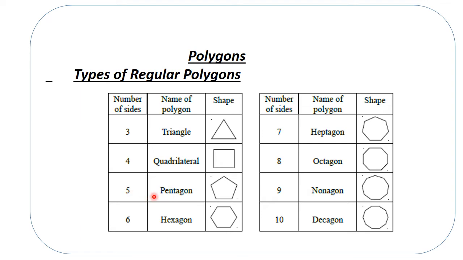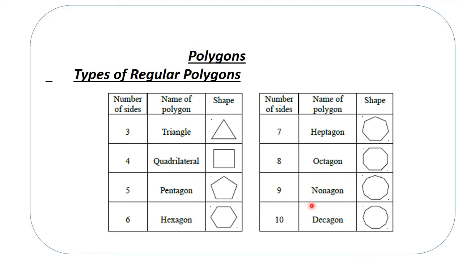Then if it has 5 angles or 5 sides, we use the word penta. Penta means 5, so pentagon means it has 5 sides or angles. Then 6 is hexa, so 6 sides, hexagon. 7 is heptagon, 8 is octagon, 9 is nonagon, and 10 is decagon.